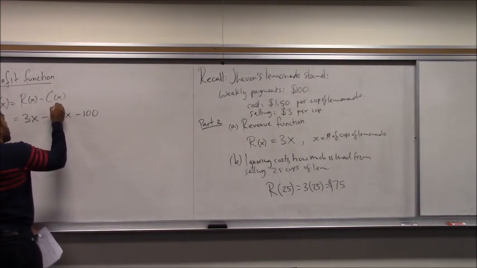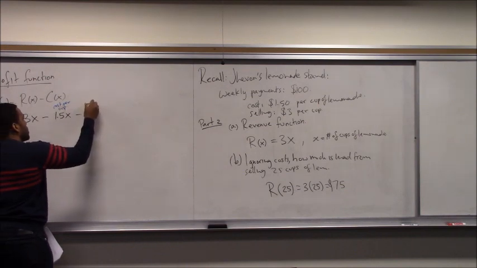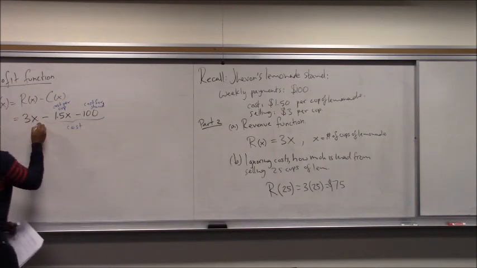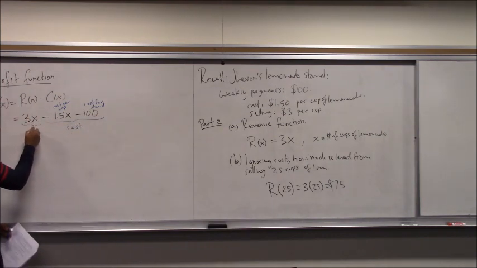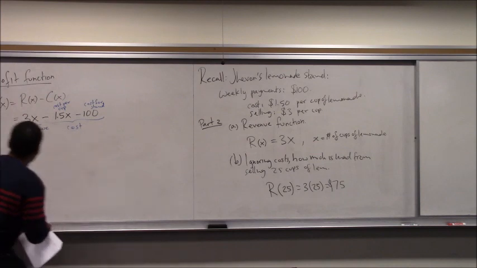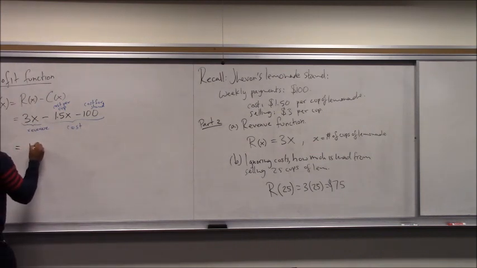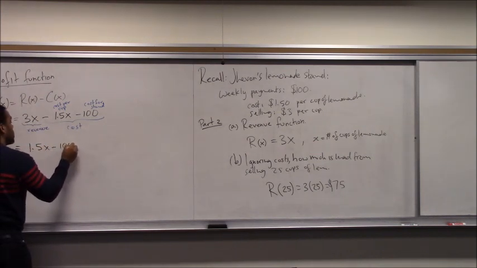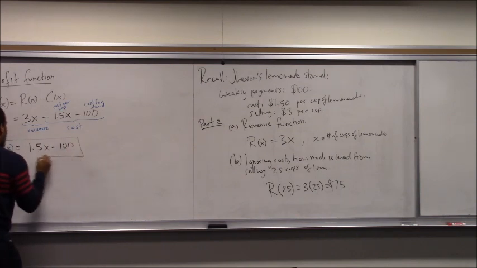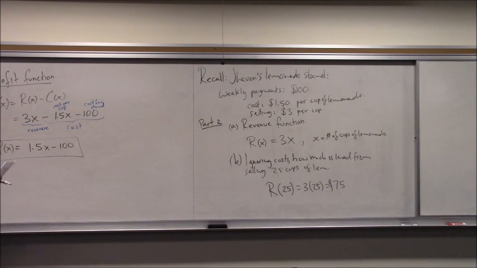This is cost per cup, and this is cost for the stand. So in other words, I can simplify this a little bit: 1.5x minus 100. This is going to be my profit function, in this very simple example.